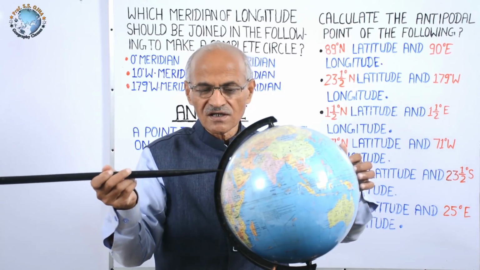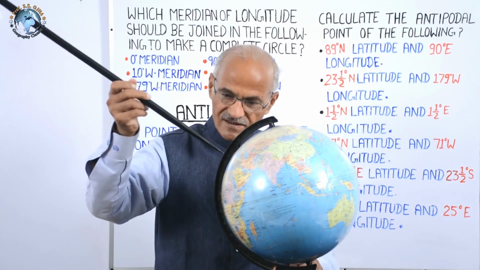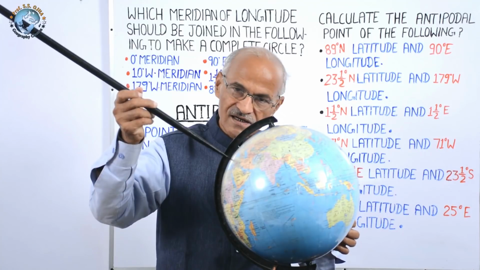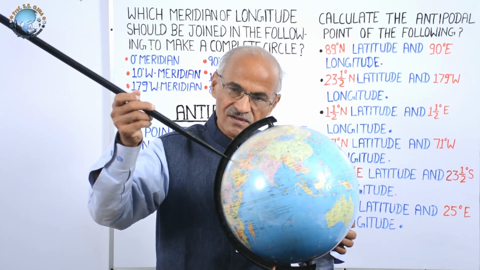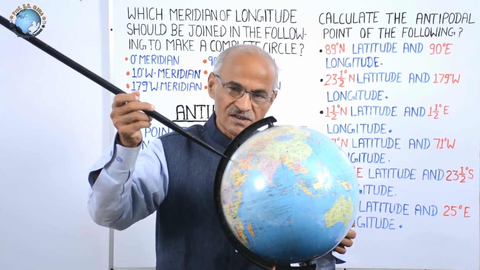If it is passing through the center of the earth, certainly it will be seen at 30 degrees south latitude. One answer is clear.